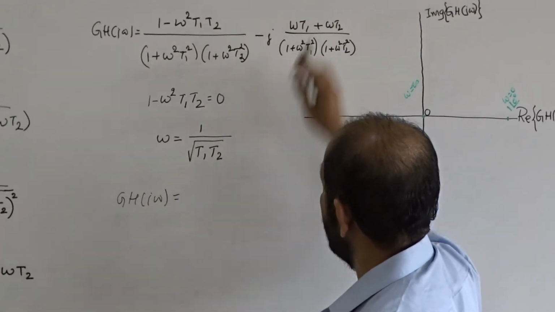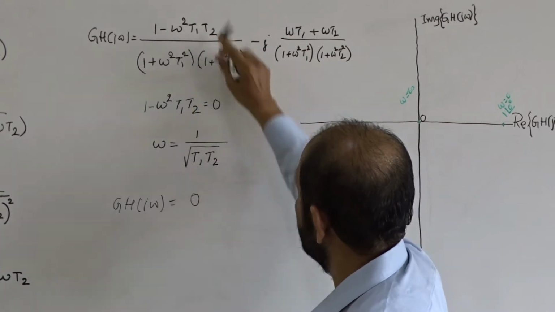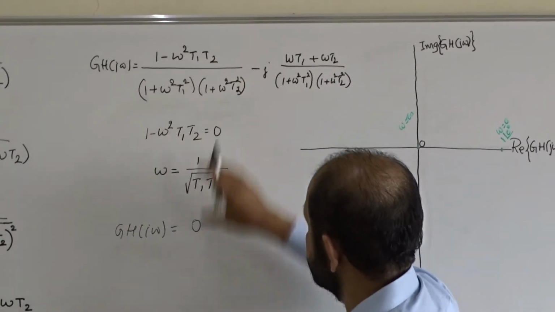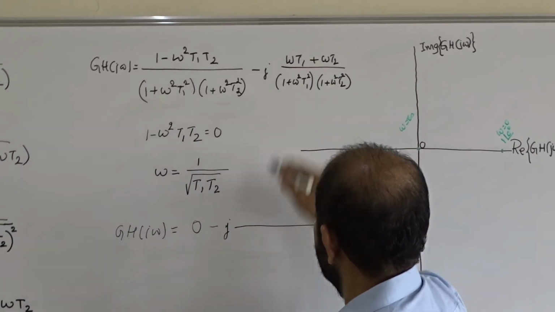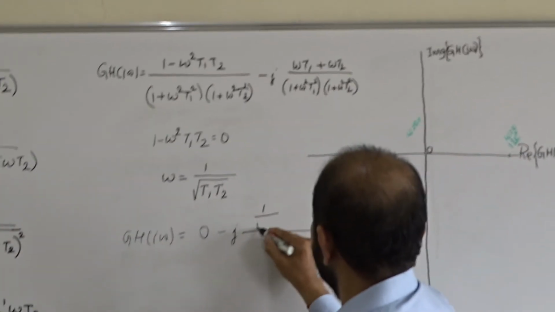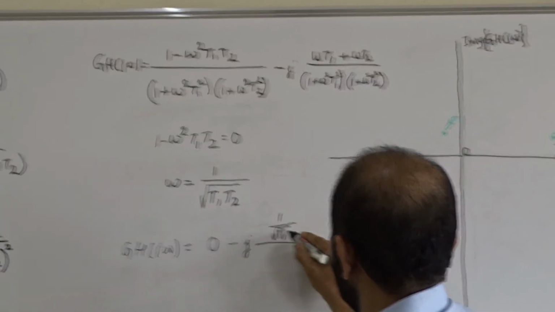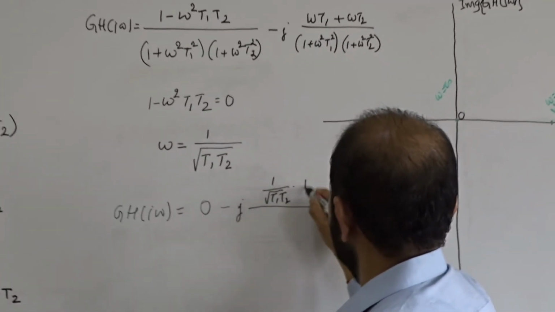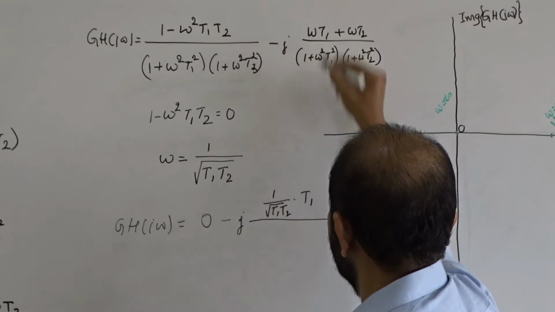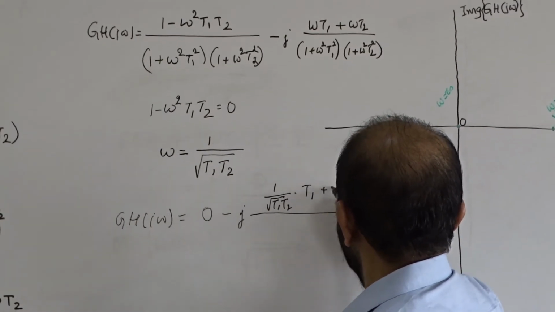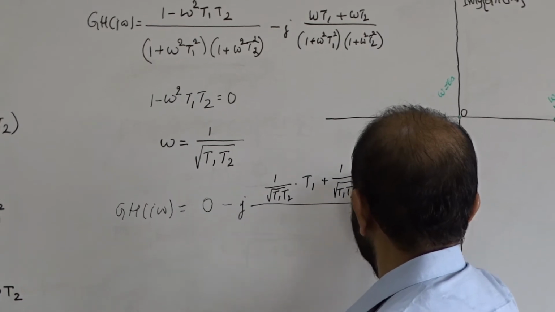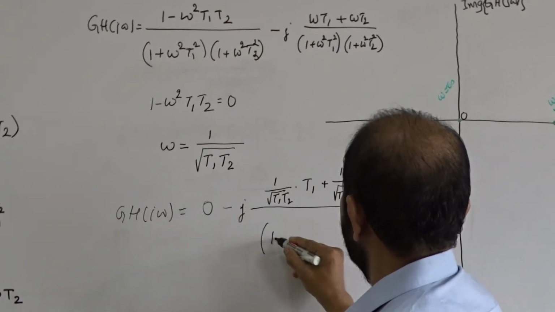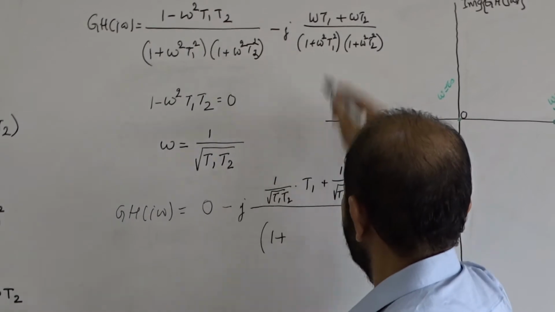So this is the imaginary part. By substituting 0 for the real part, I am writing this as 0 minus j. And substitute here: 1 divided by omega equal to 1 divided by square root of t1 t2, and this is t1. Plus 1 divided by omega, square root of t1 t2 into t2, and 1 divided by 1 plus omega square is there.